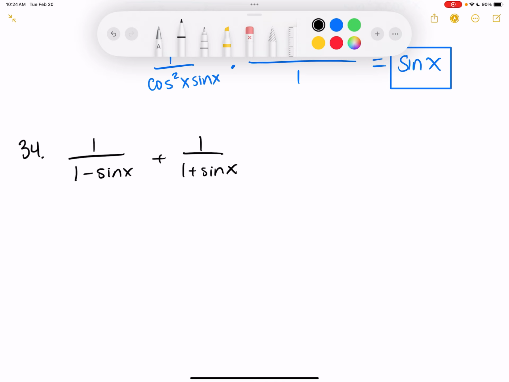Is this the thing where you multiply it by the conjugate? Yes, so I'm going to multiply them by the conjugate because I need to get a common denominator. So the one on the left is going to be 1 plus sine x, top and bottom. The one on the right is going to be 1 minus sine x, top and bottom, which will give me the common denominator.